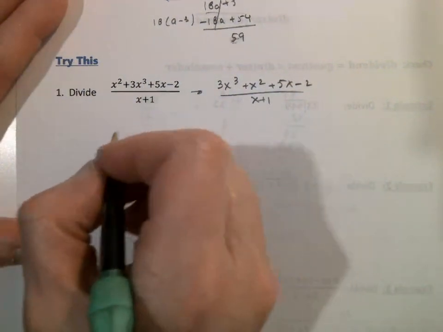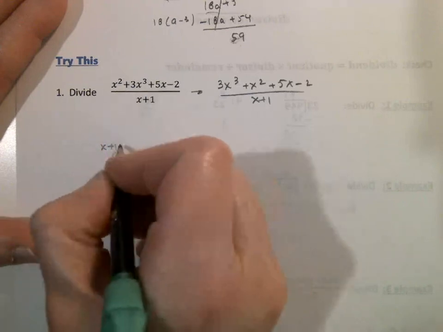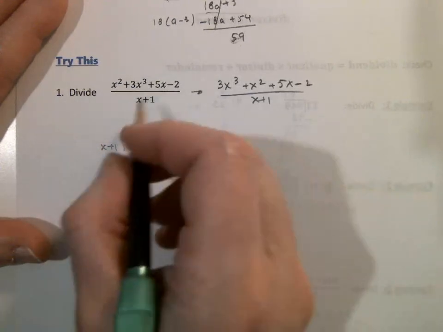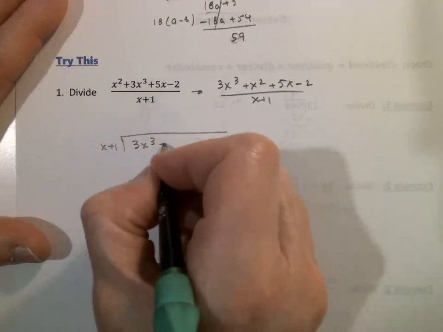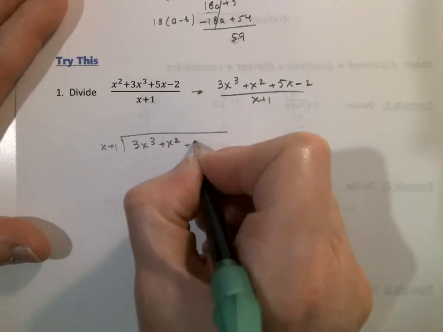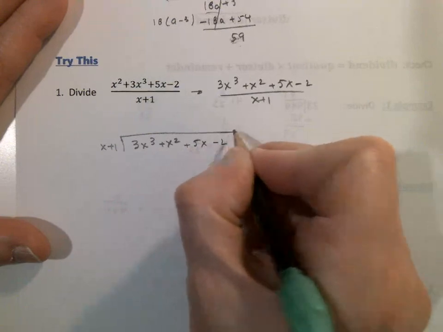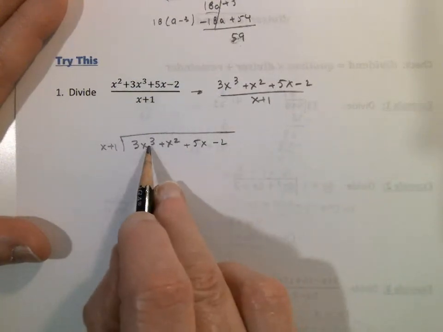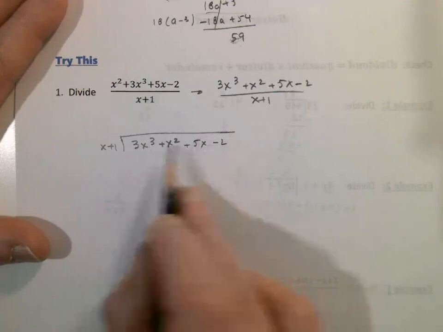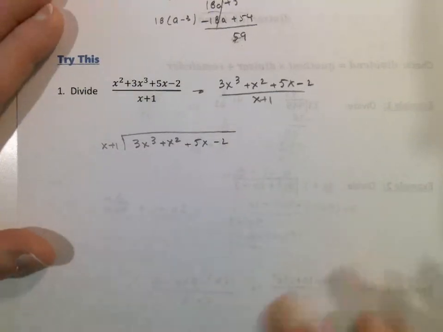So we're going to do long division. So my divisor is x plus 1. My dividend is 3x cubed plus x squared plus 5x minus 2. Everything's there: my cubic, my quadratic, my linear, so I don't have to do any placeholders.